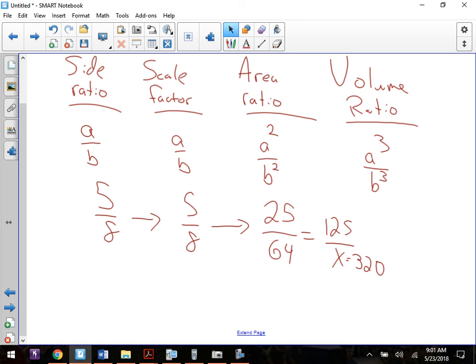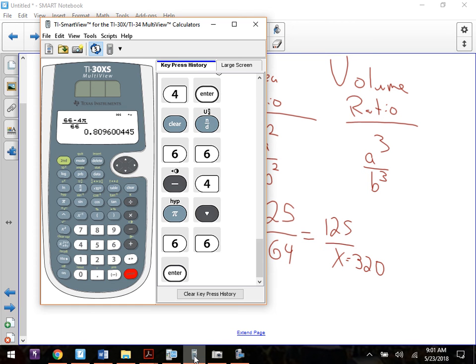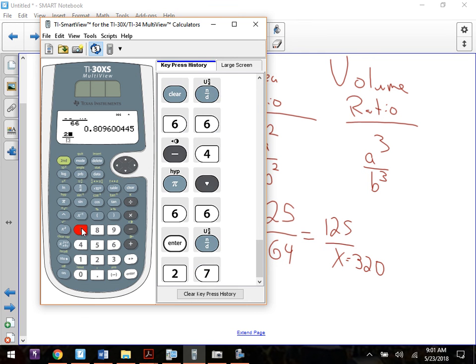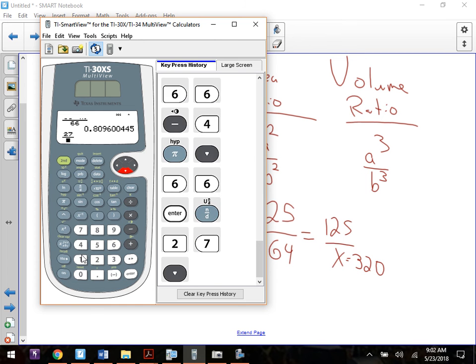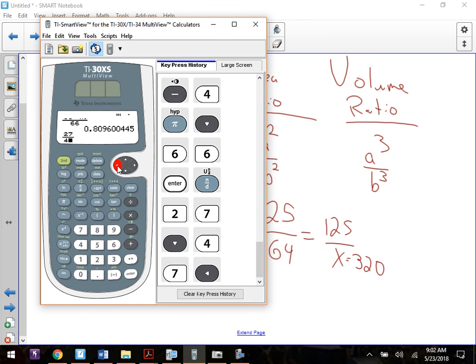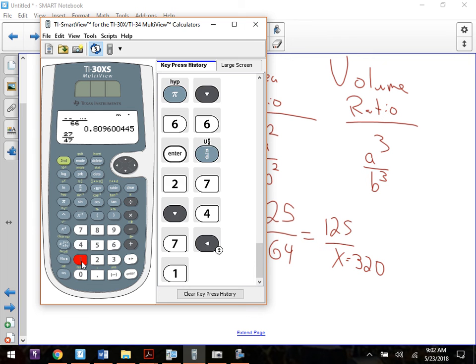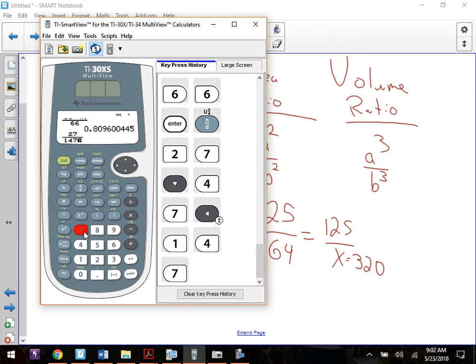I didn't do this problem yet, but I wonder if there's supposed to be volume. What are these volumes? Let's see what this does. Okay.